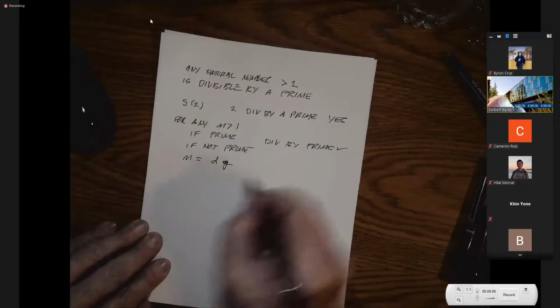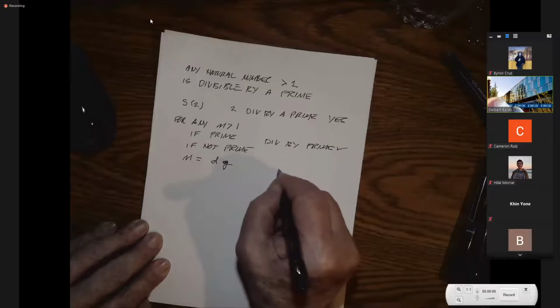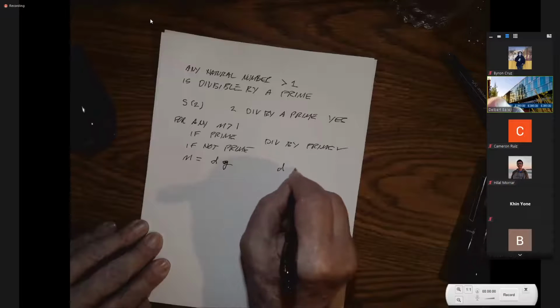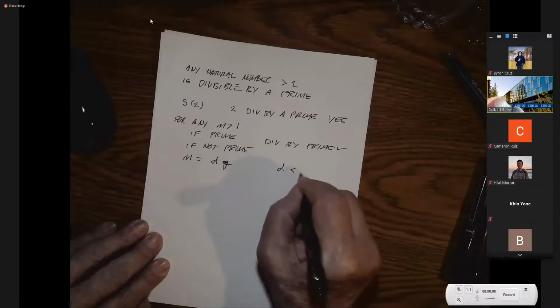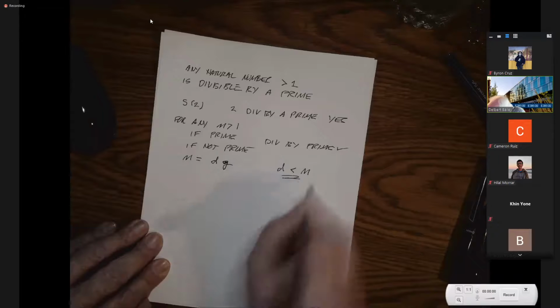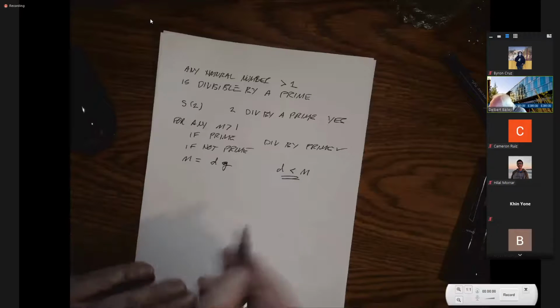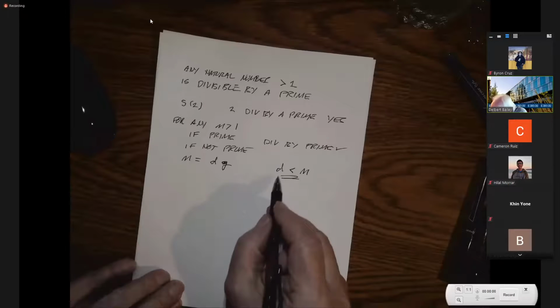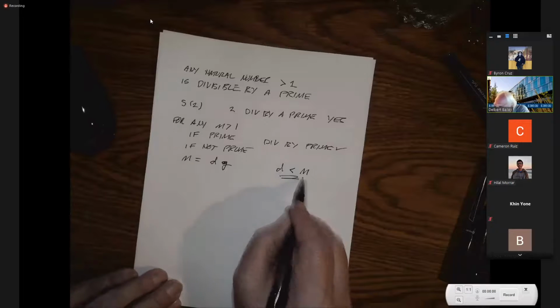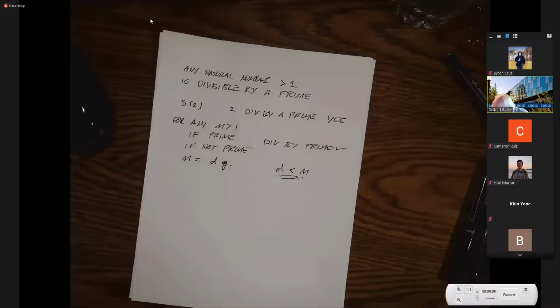Okay, we also know that d is less than n, right? g is less than n too, but we only need to work with 1 here. It's less than n. Okay, well notice d is not necessarily n minus 1, right?